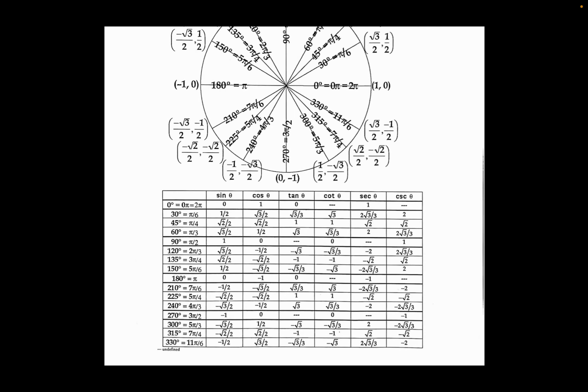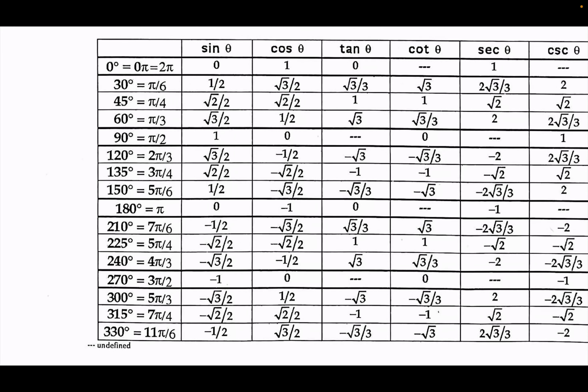At pi over 3, and 5 pi over 3. That's our critical values: pi over 3 and 5 pi over 3.